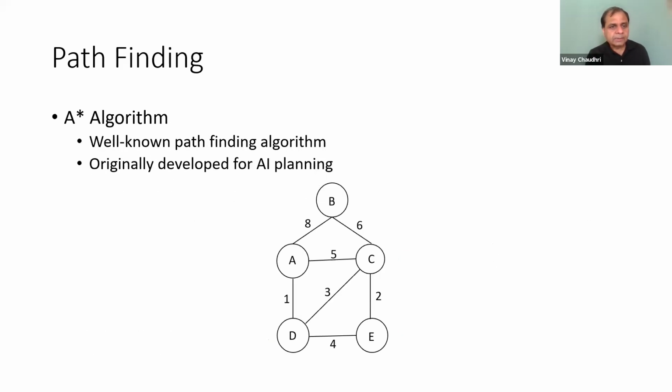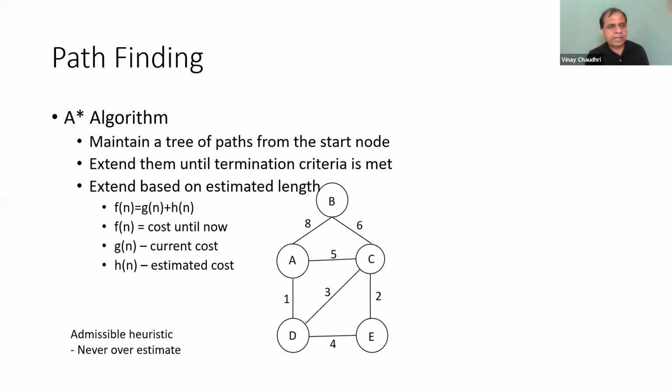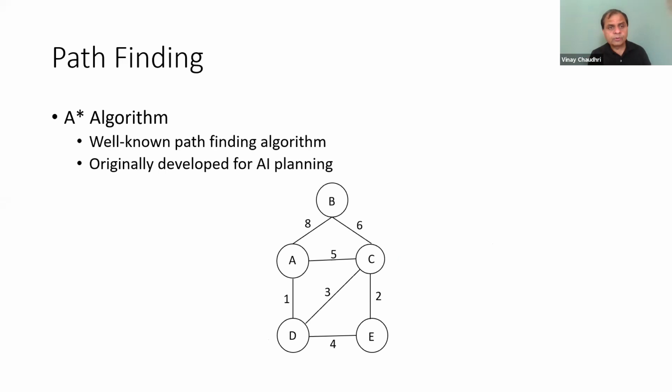As I had mentioned previously, it's a very well-known pathfinding algorithm, and it has a ton of applications. Originally, it was introduced in the context of AI planning, but now its applications are way beyond just AI planning.